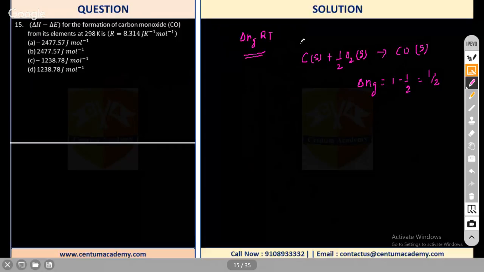I think D is correct. Answer given C, but I don't think minus sign will be there. It is 1 minus 1 by 2, so it is positive only. Yeah, I think option D is correct here. Okay. D.